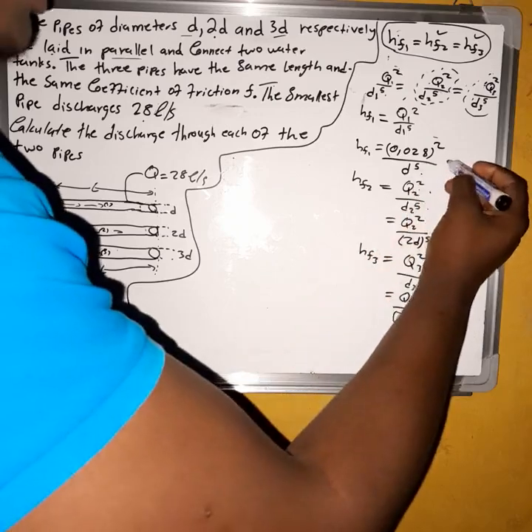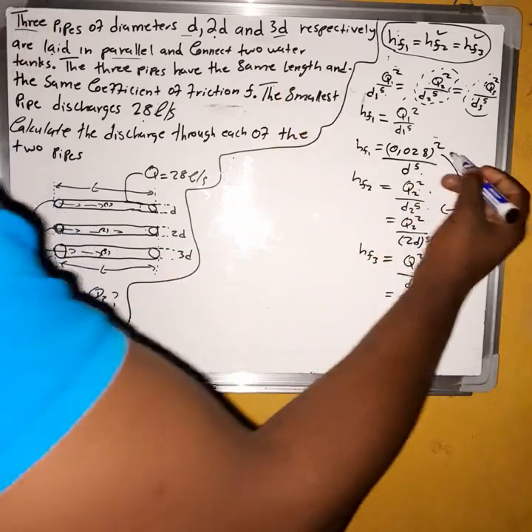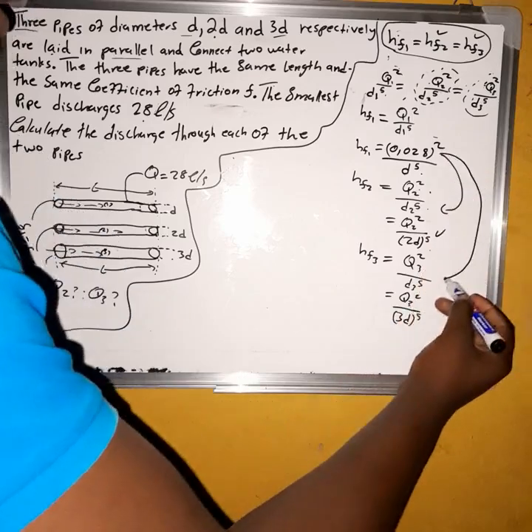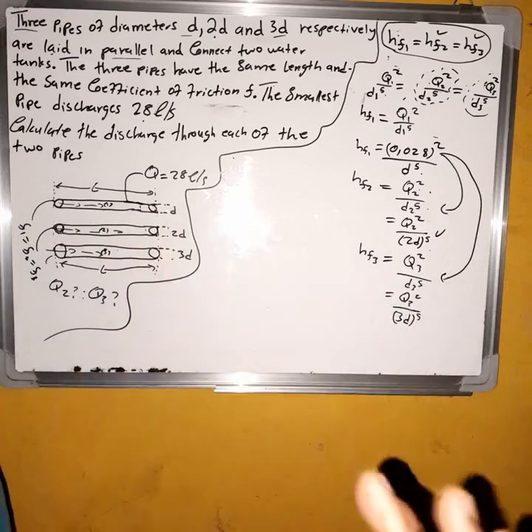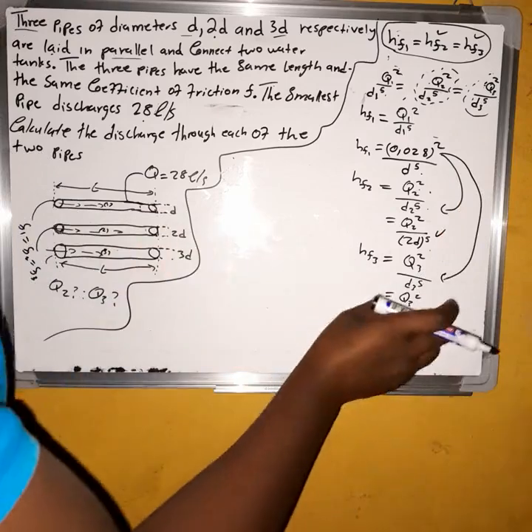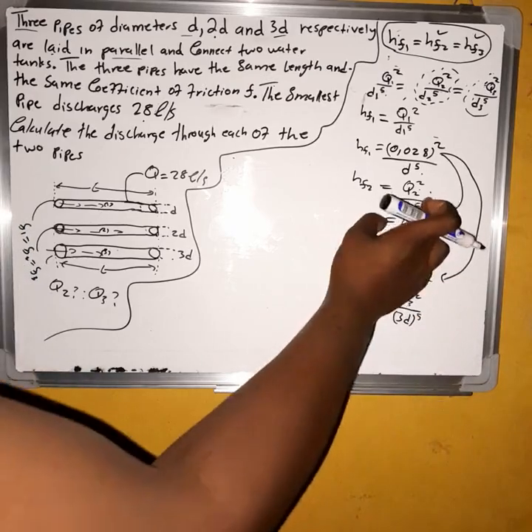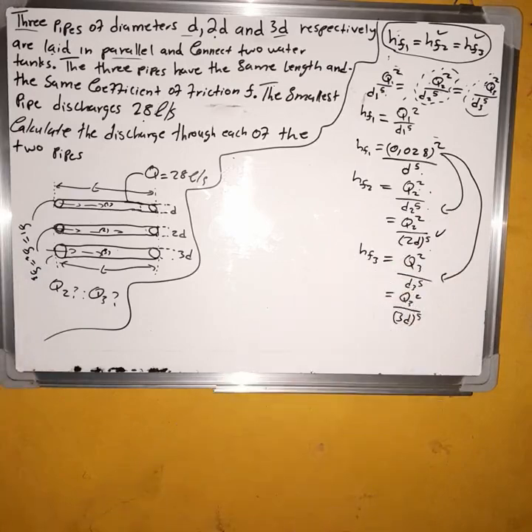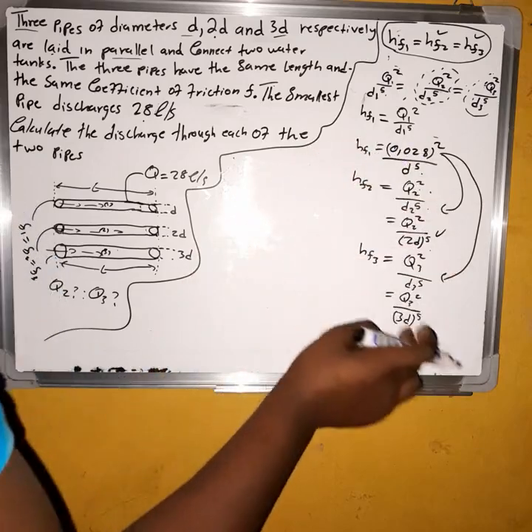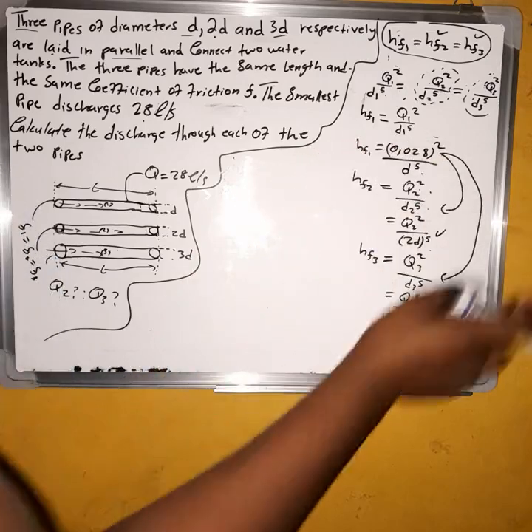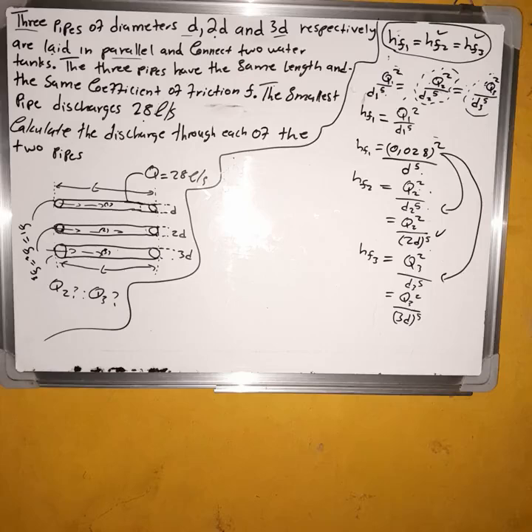Equate the one that has one unknown with the corresponding one that has two unknowns. We cannot equate these two-unknown ones, we cannot find anything because of two unknowns. So we can equate HF1 with HF2 or HF1 with HF3. Either way, they are the same, all of them.